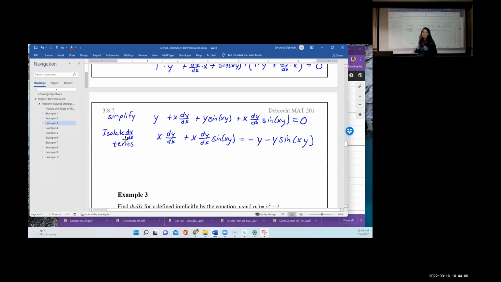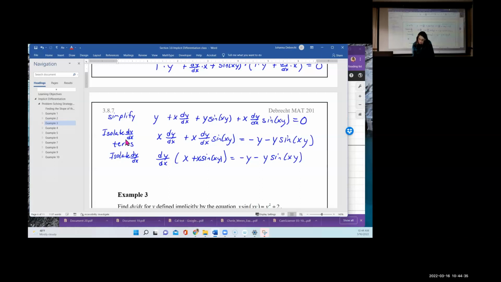The next thing we want to do is isolate dy dx by factoring it out. That leaves me x plus x sine of xy in parentheses equal to the right side, negative y minus y sine of xy.